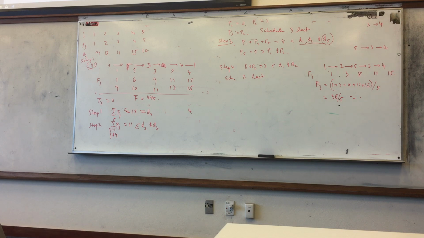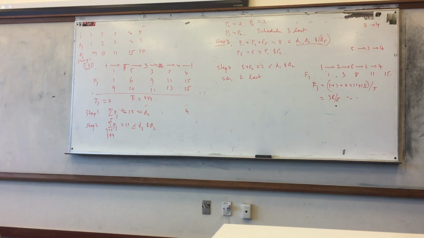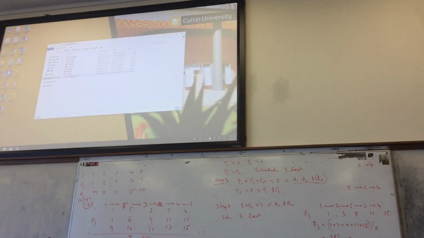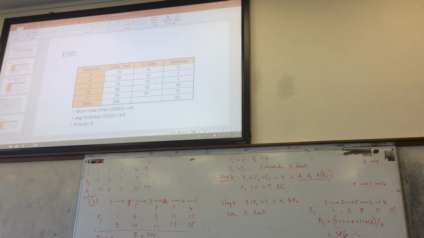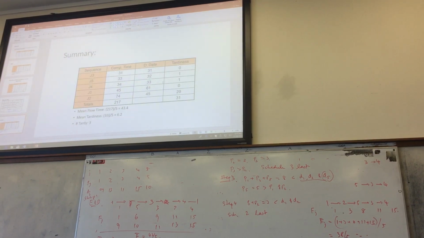Before I do that, let me show you the result I did last week. Last lectures, and this is in a different file, in this PPT. Ah, it's here. Remember we did that one. That is the exact same problem, but ordered in a different way.